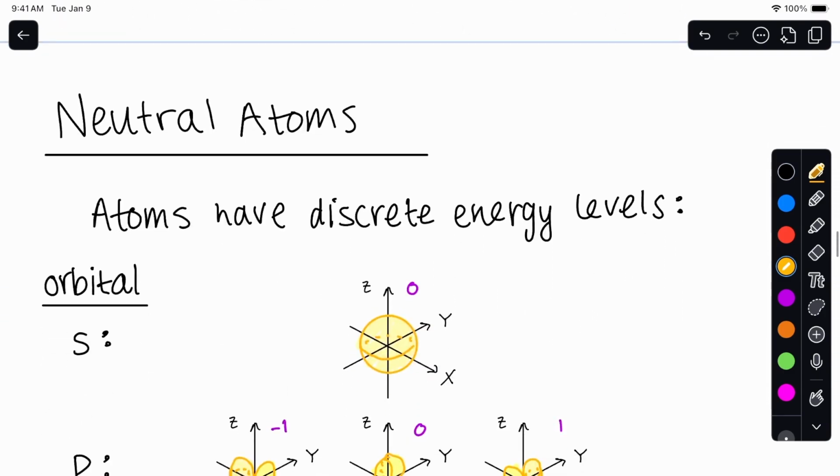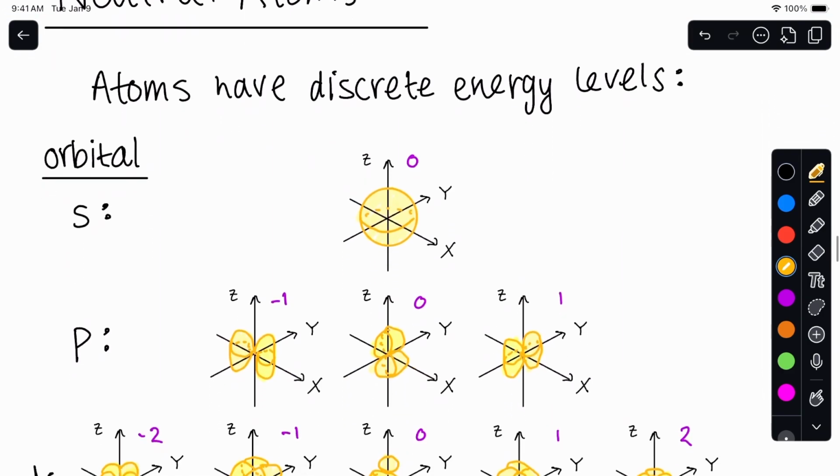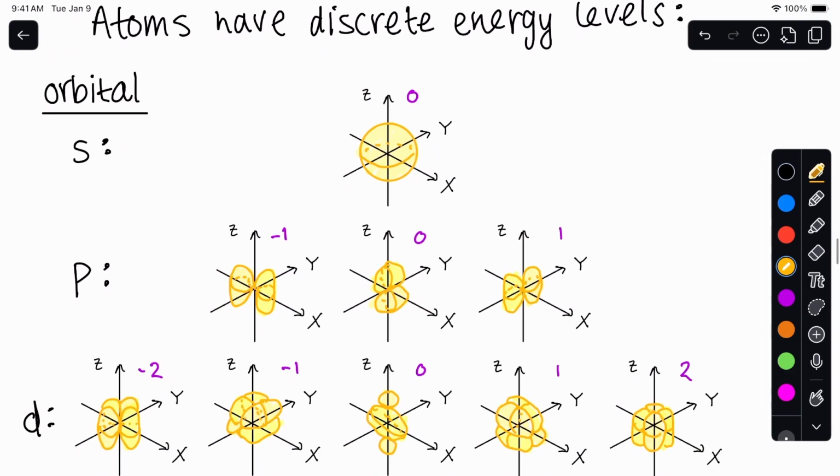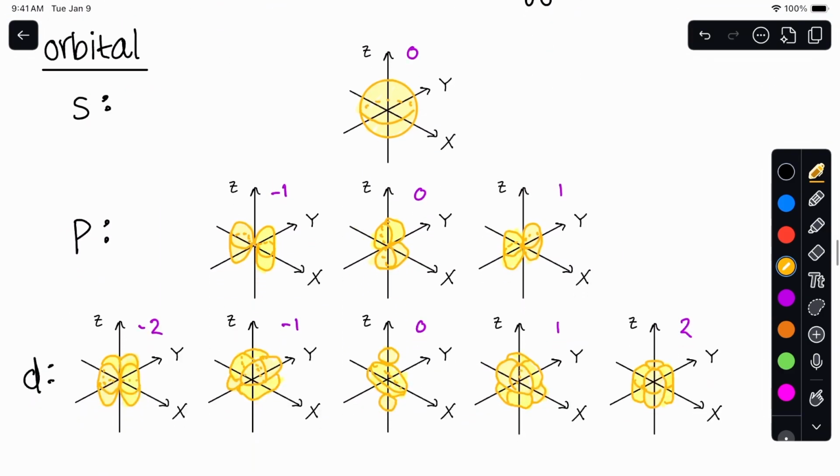So first, for a neutral atom, the basic principle behind this is that atoms have discrete energy levels. So you may have heard before about electron orbitals. In an atom, electrons can only exist in certain discrete energy states. So for instance, there's s, p and d orbitals and other orbitals as well, but you can't occupy anything other than these orbitals.